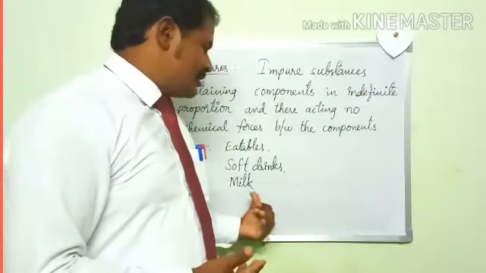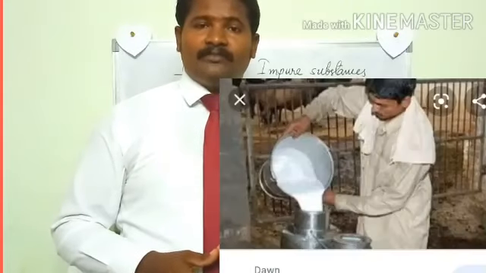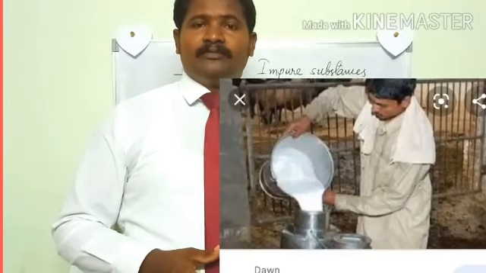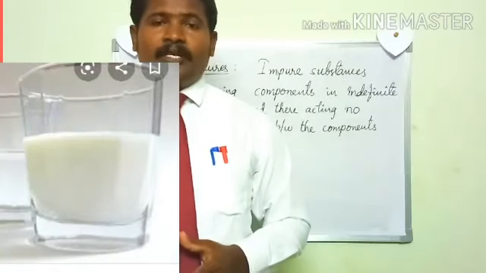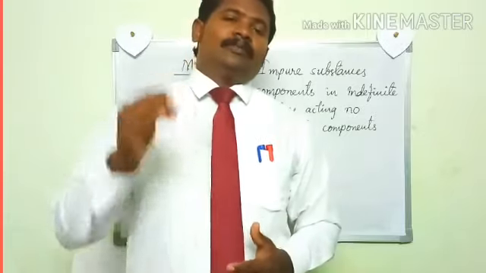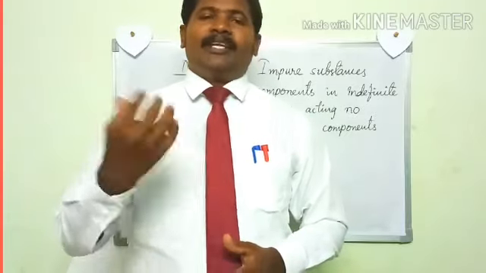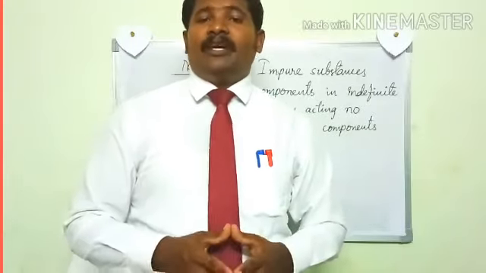And milk is another example. In this milk, water is present, carbohydrates, and some sugars, some proteins, some vitamins. So different ingredients are present in milk. If you collect milk from one company to another company, the taste will vary.